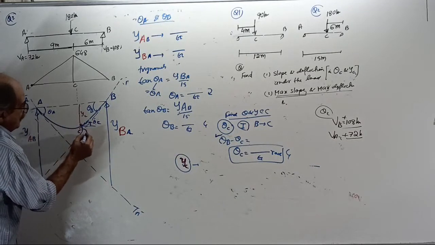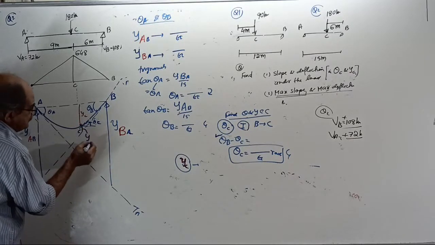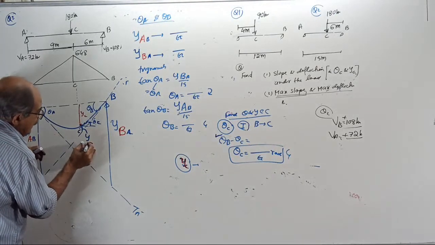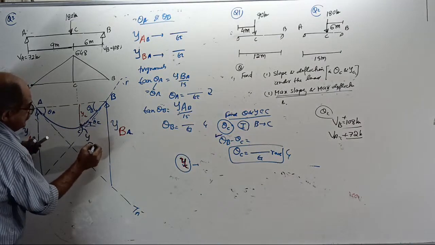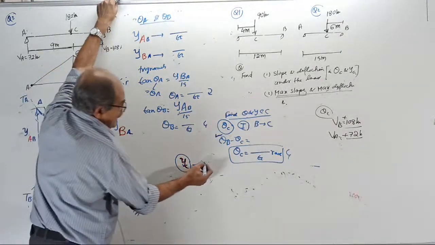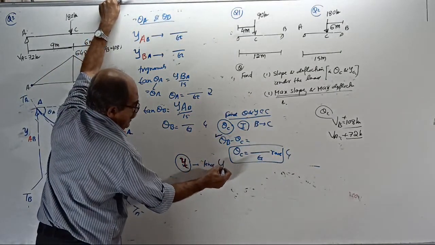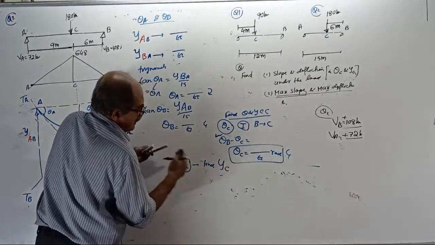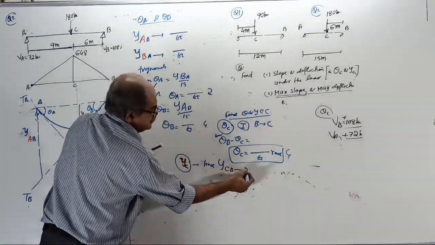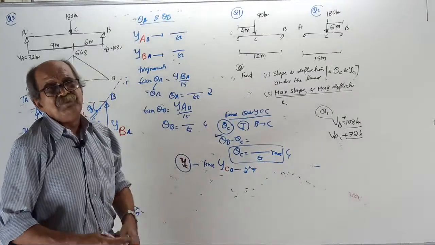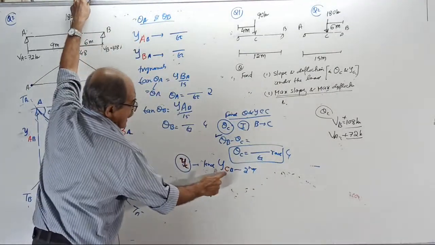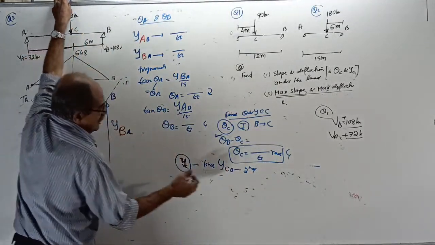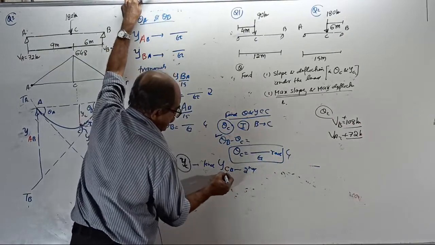First, y of the point C with respect to the tangent at B. Find y of C with respect to the tangent at B using the second theorem. Moment of the area of the BM by EI diagram between C and B about C. Get that answer. YCB comes.